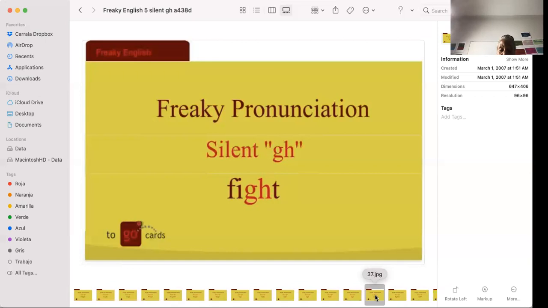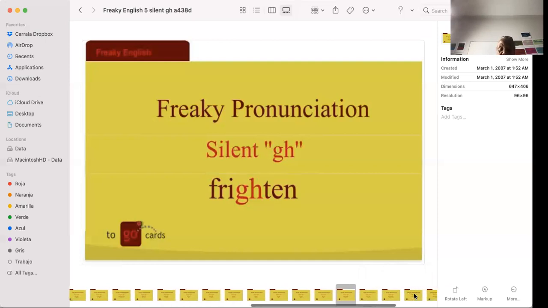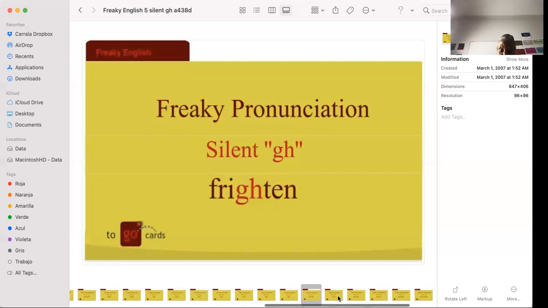Fight, frighten. G-H not making one, not even a peep. Height. Now just imagine if you didn't know how to spell this word, how in God's name would you find it in the dictionary? You know the word, you know what it means, but you don't know how to spell it, height.